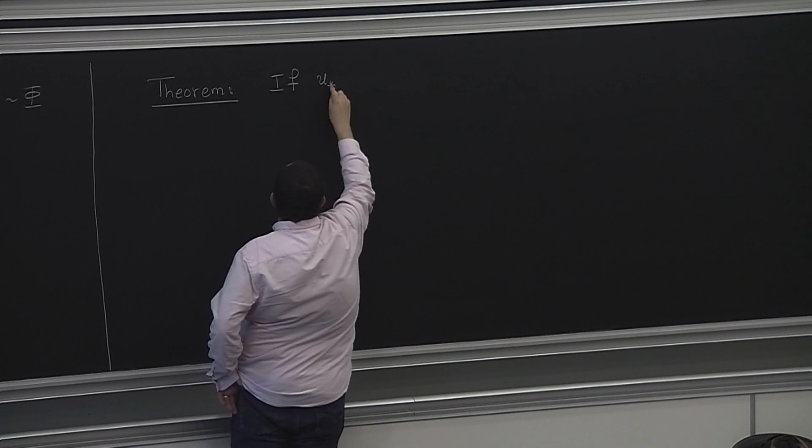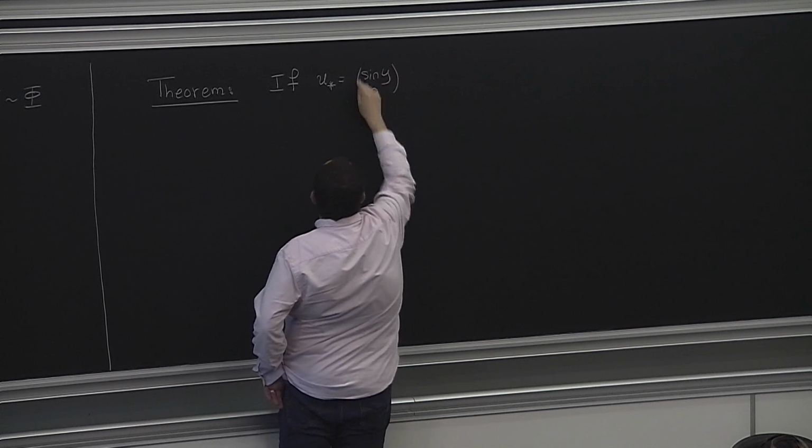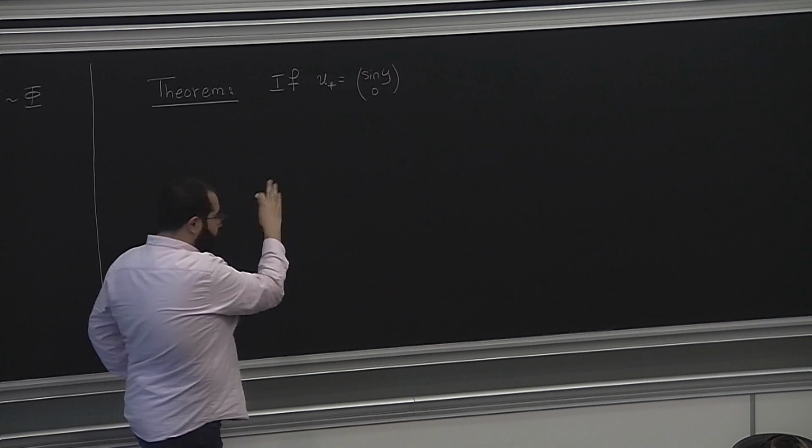So if u star is sine of y comma 0, so you don't need to assume this, okay?